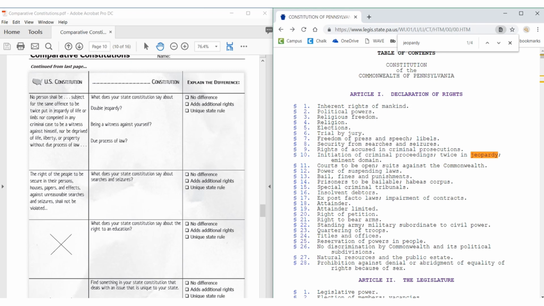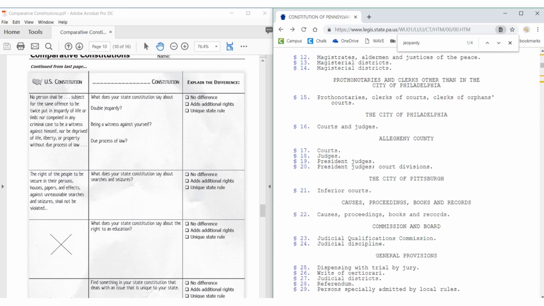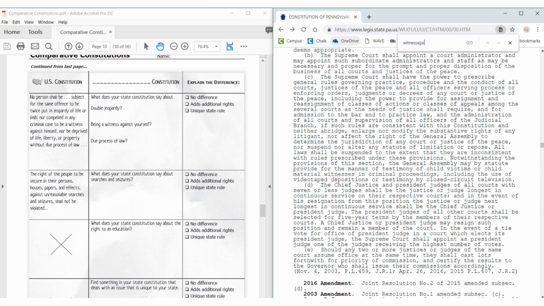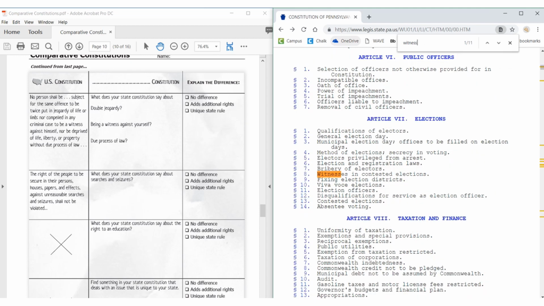Initiation of criminal proceedings, twice in jeopardy, and eminent domain. So let's actually go down to that one. So, no person shall, for the same offense, be put twice in jeopardy of life and limb. So, yes, it talks about double jeopardy. Let's see, witness against.